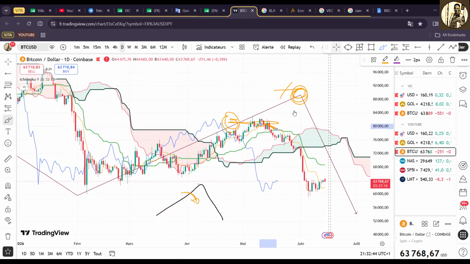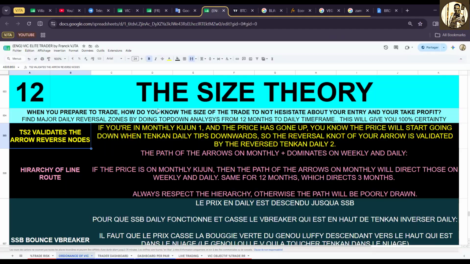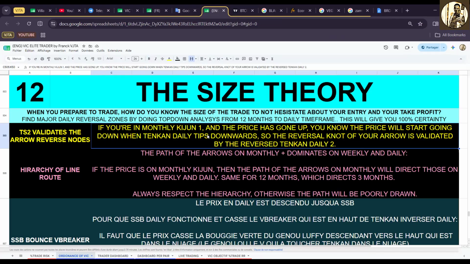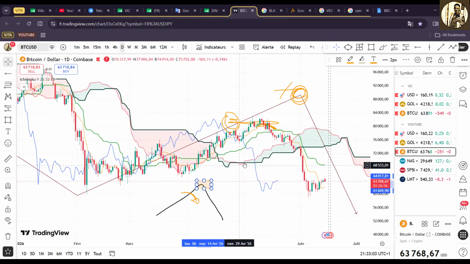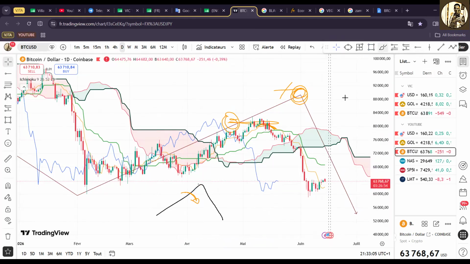So it's not just about predicting the market. It's not just about drawing arrows. It's about also knowing that the Tenkan daily, on the place where you say that okay, there is a zone here, the price must turn down at this level, the price can turn before the zone that you drew.